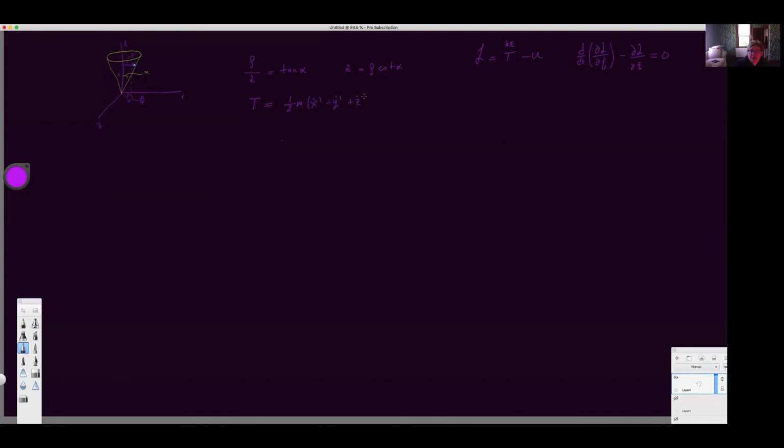This is always a great starting place, because no matter what coordinate system you're using, you know some transformation to get you from that coordinate system to Cartesian. T is always this. And if you're using some wacky coordinate system, as long as you know the transformation that goes from it to x, y, z, you can write down what T is. So that's where I always start.